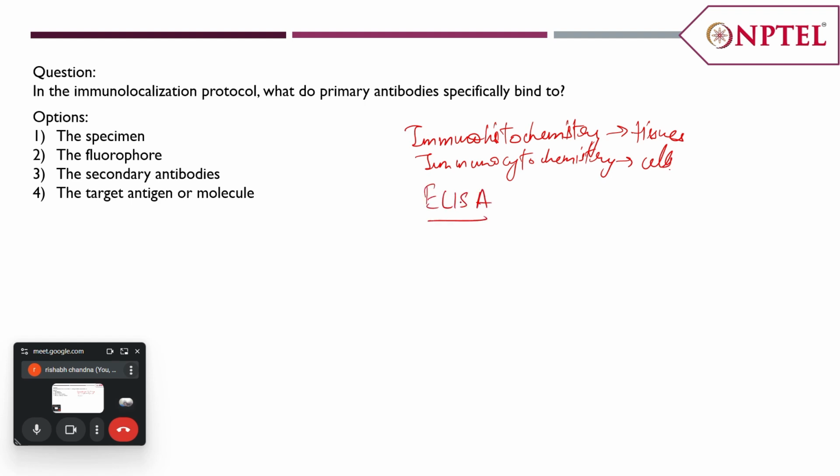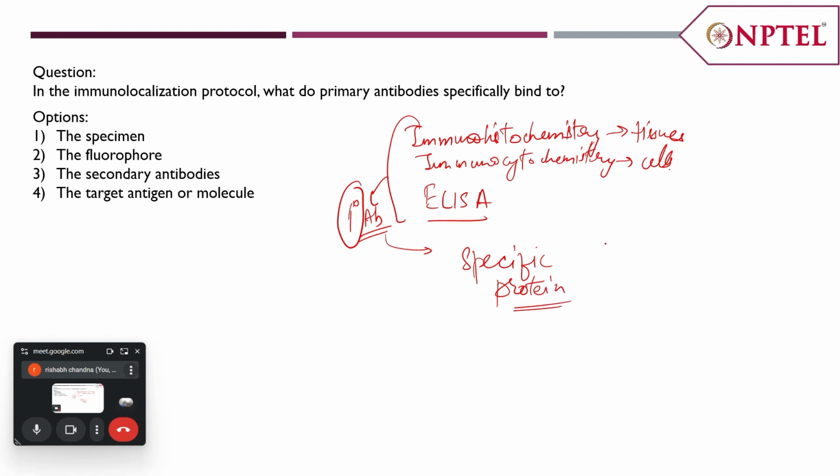Okay, so these all require the usage of the primary antibody. So this term is used to detect the primary antibody basically. And so the basic principle of using the primary antibody is to detect the specific protein, or the protein of interest that we are detecting.